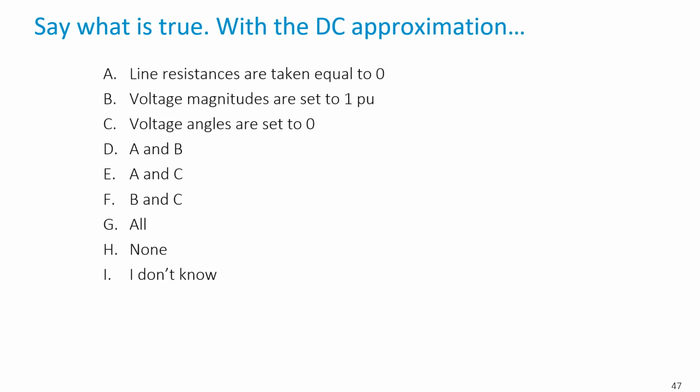Before moving there, a few questions to check your understanding of the DC approximation. Here, I'm proposing 3 assumptions, A, B, C. Which of these assumptions are true?